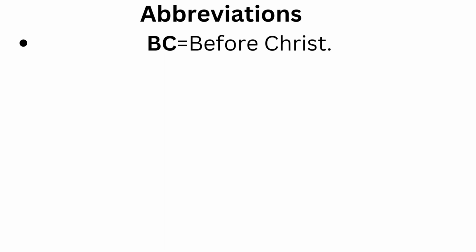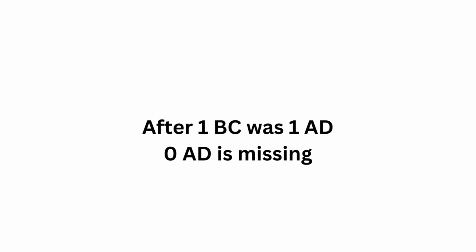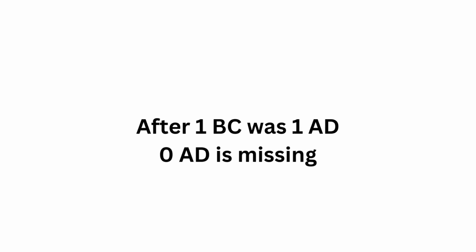It should also be kept in mind that the year before the birth of Jesus was 1 BC, and the year Jesus was born was 1 AD. That is, 0 AD was omitted, and after 1 BC there was year 1 AD.